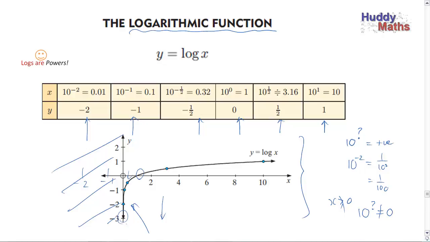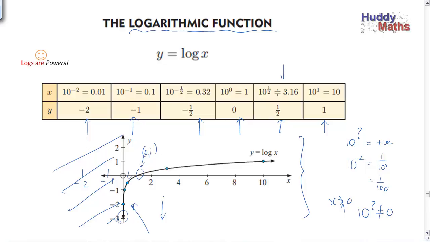What x value, or what number, has 0 as its power, or its log? That's 1, isn't it? The log of 1 is 0. The y value, the power you raise the base to get 1, is 0. So this is going to be the point (1, 0) for any log graph.